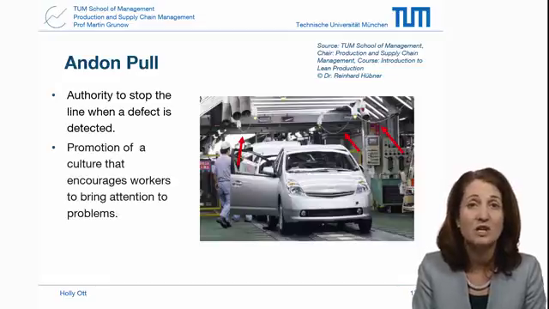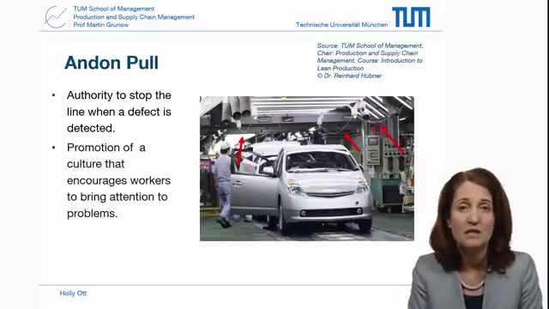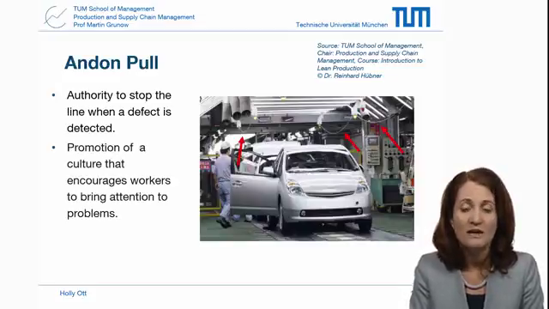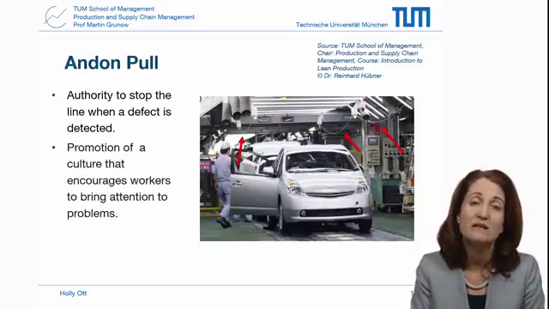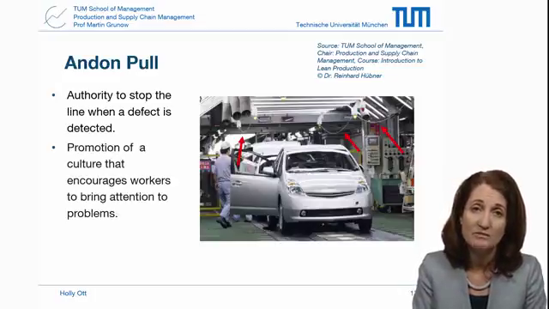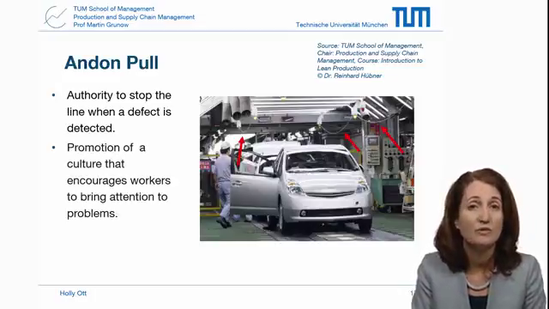Team members are encouraged to pull the andon cord whenever there's a problem. The production line will then stop, and the team leader is then alerted by lights or sound to assist the team member who has the problem. And in this way, every problem is addressed immediately instead of continuing to produce out-of-spec products.